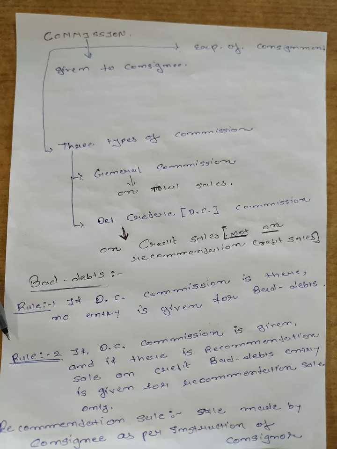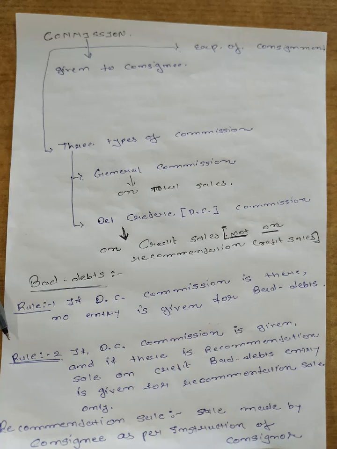Now, what is the purpose of this DC commission? Understand one thing, this DC commission is given on credit sales. That means if there are any bad debts, they will not be borne by the consignor, because the risk of the bad debts is transferred by the consignor to the consignee in the form of commission.